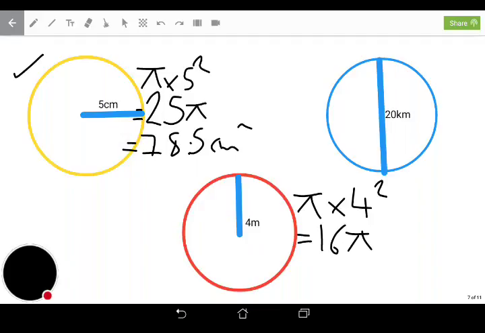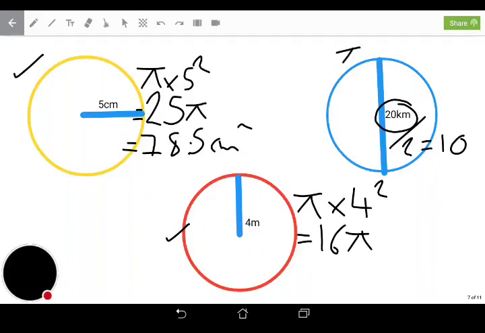This one here, the blue one, I have been given the diameter and not the radius, so I need to halve that, which gives me 10. Now I have the radius, I can calculate the area of this circle.